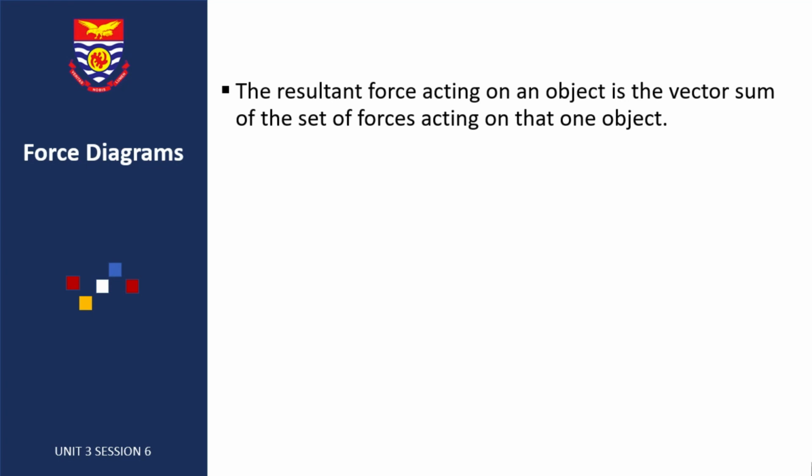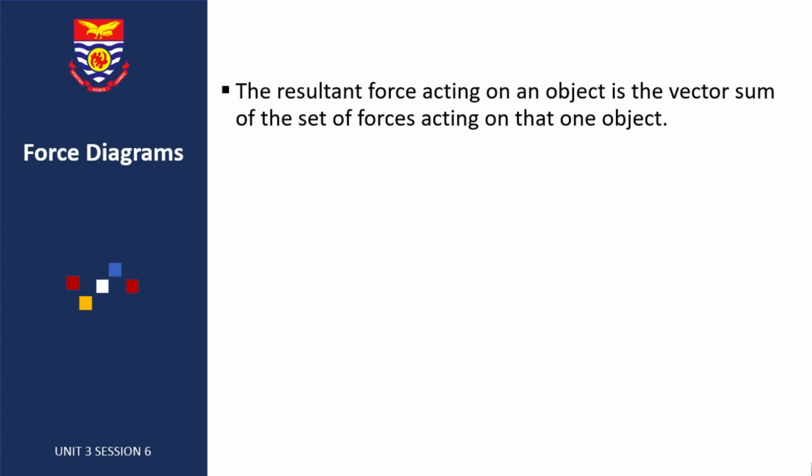Now let's look at force diagram. We mentioned that the net force or the resultant force acting on a body is the vector sum of all the forces that are acting on that particular object. And it is also important to remember that all the forces must be acting on the same object. So we have one object and we have several forces acting on this object.